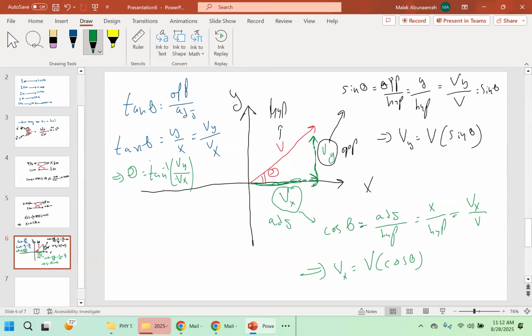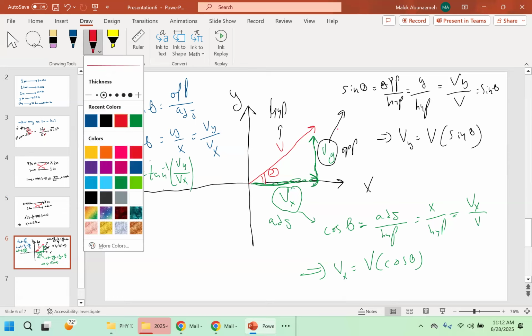Now let's talk about this vector V for a second. What is this vector going to equal?